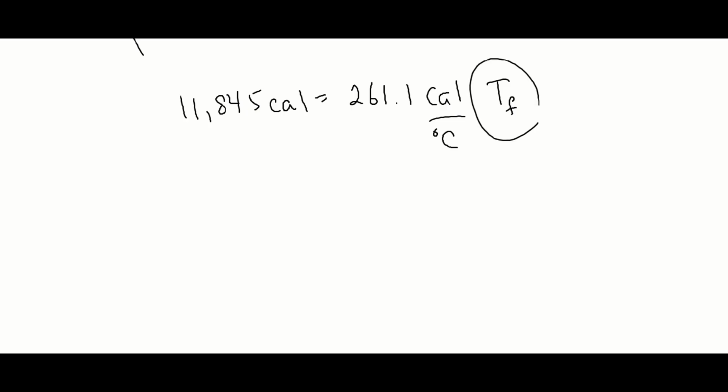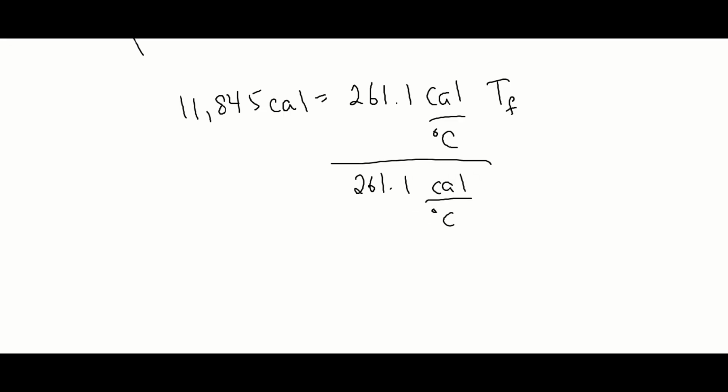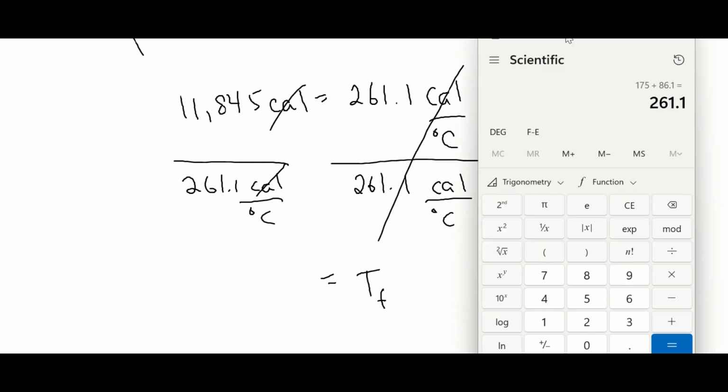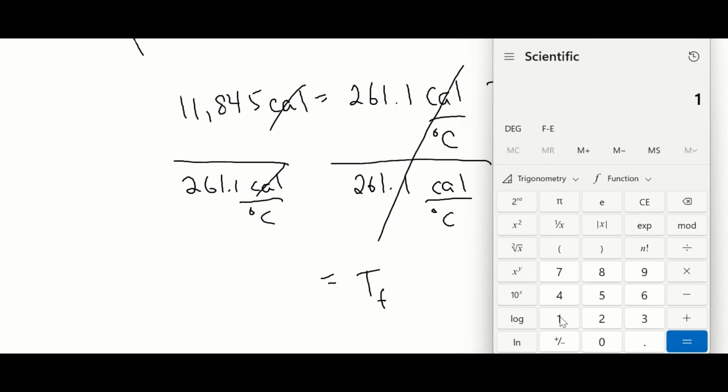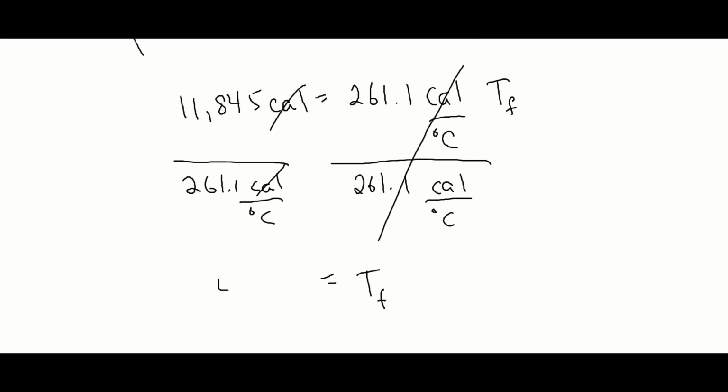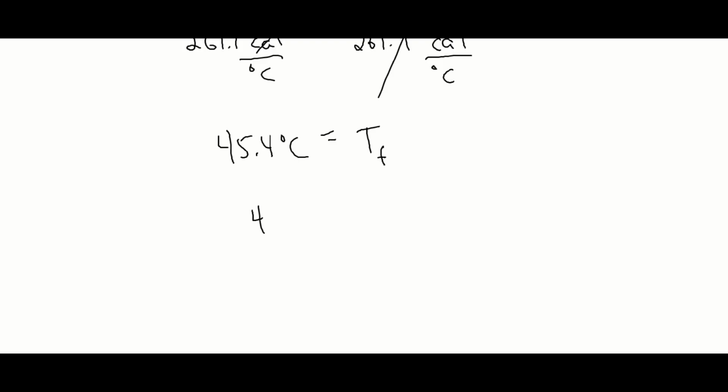What we're solving for is the final temperature. So the final temperature inside this calorimeter is 45.4 degrees Celsius. Let's round our answer to two significant figures.